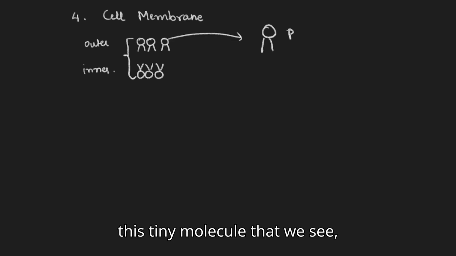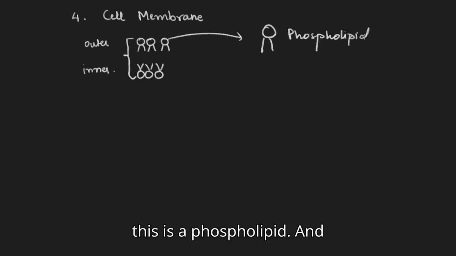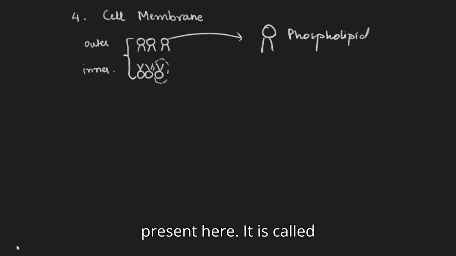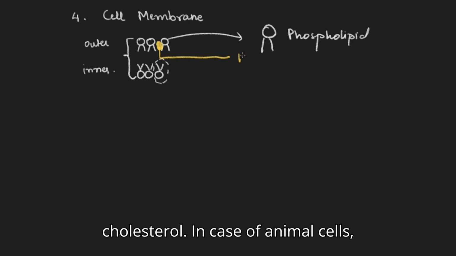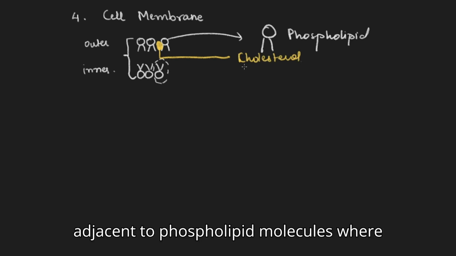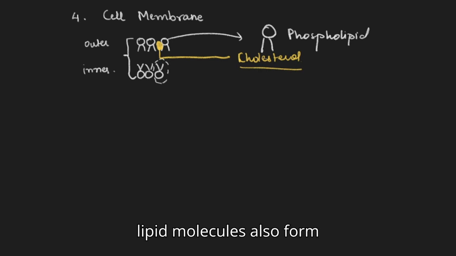This tiny molecule that we see is a phospholipid. There is one more lipid molecule present here, called cholesterol. In animal cells, cholesterol is present adjacent to phospholipid molecules, where it helps in packaging. So lipid molecules also form the cell membrane.